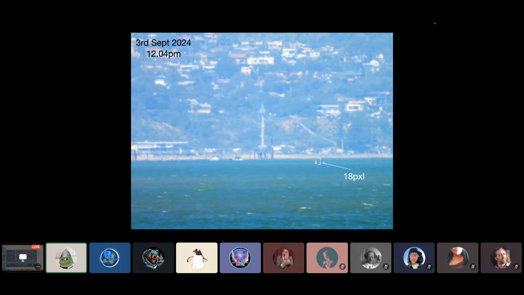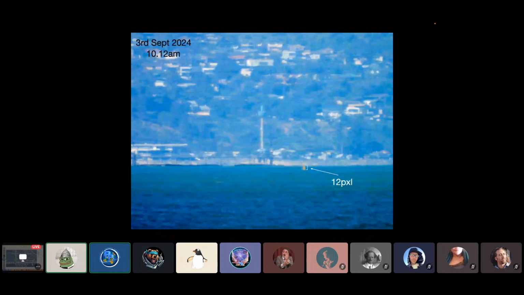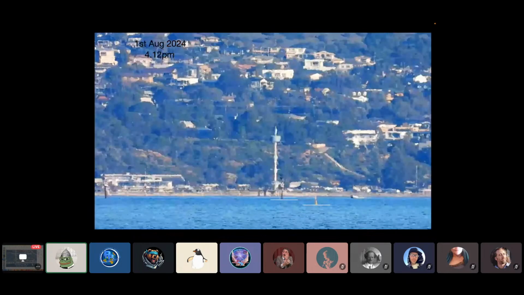I've often asked the globe side: is the object you're looking at and measuring the actual size it is predicted to be at that distance?